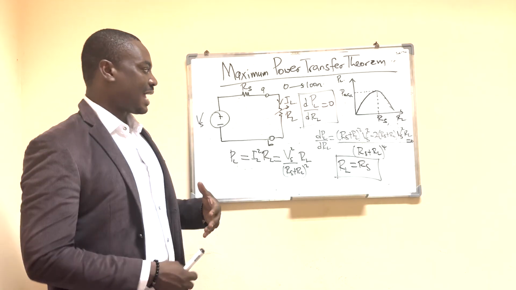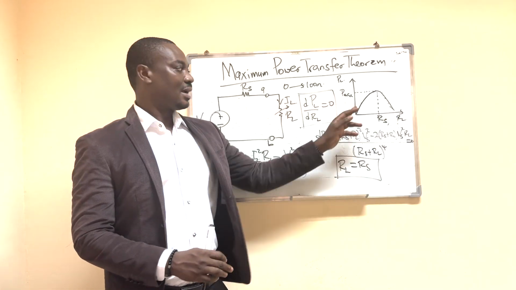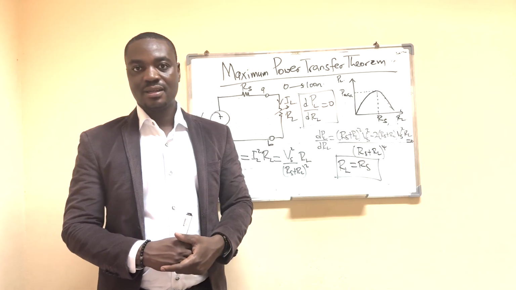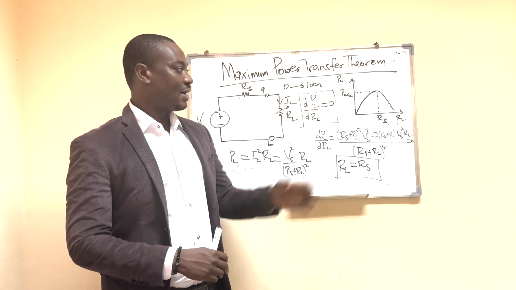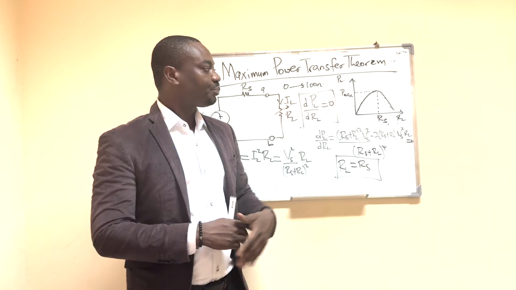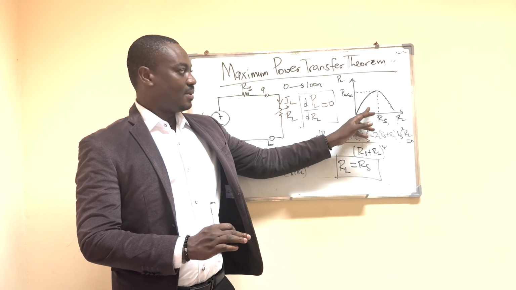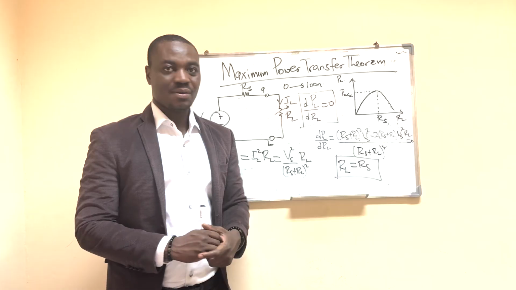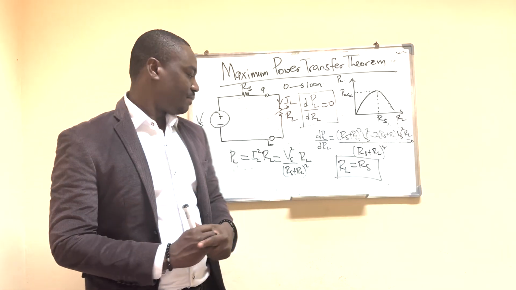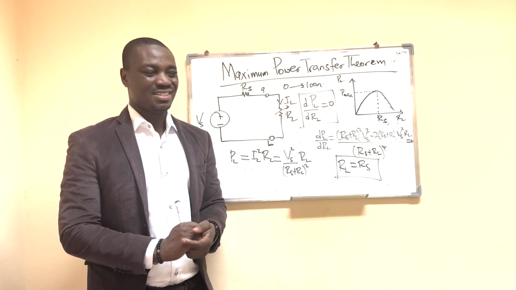So we can just have a sketch of a quadratic curve. So we have a graph here, something of this nature. This graph resembles the power dissipated by the load resistor.